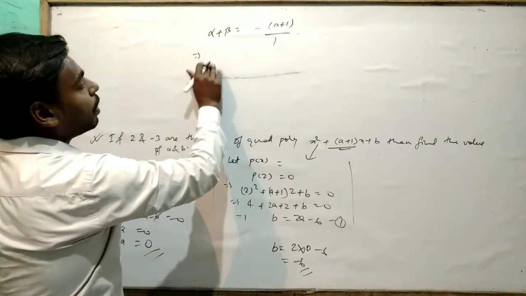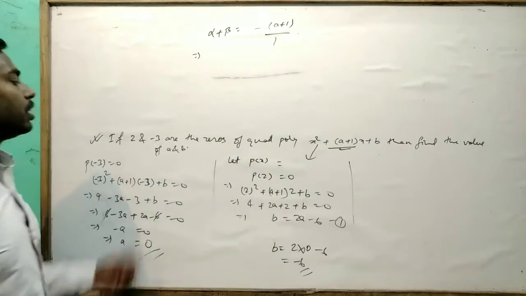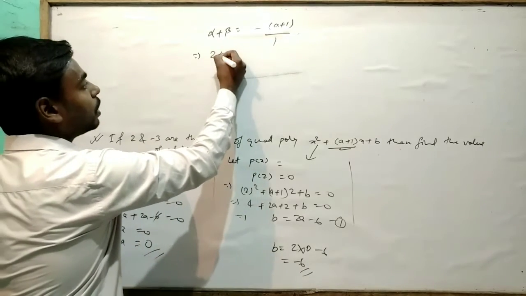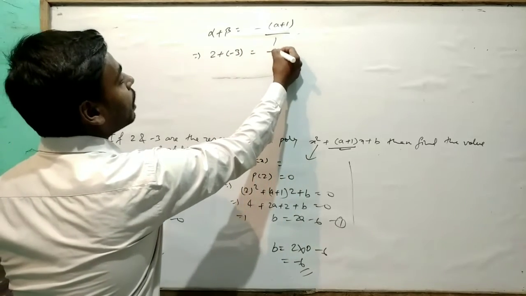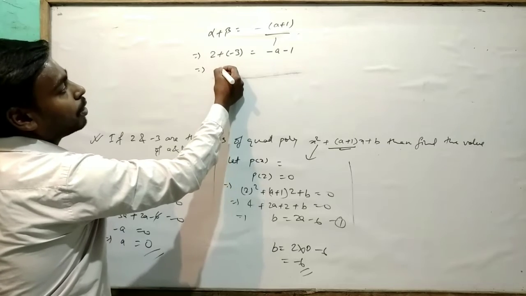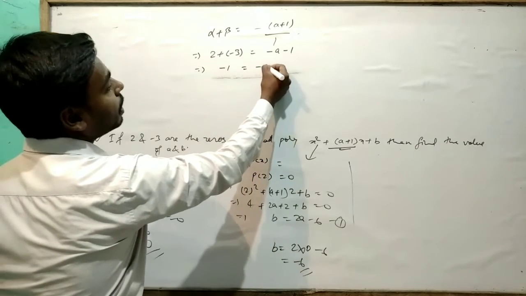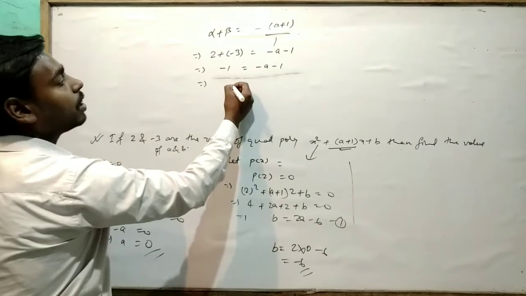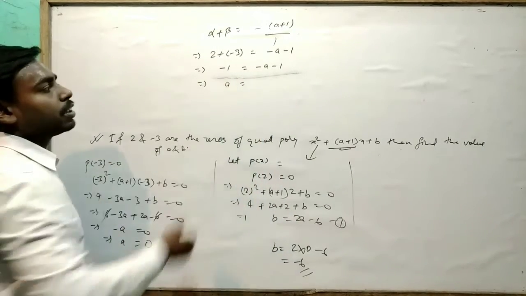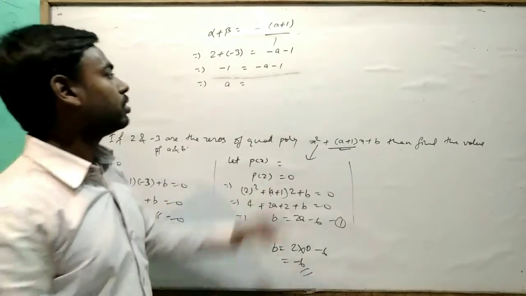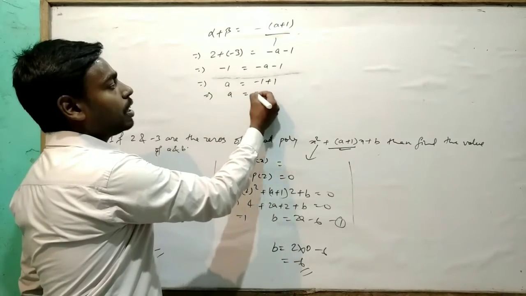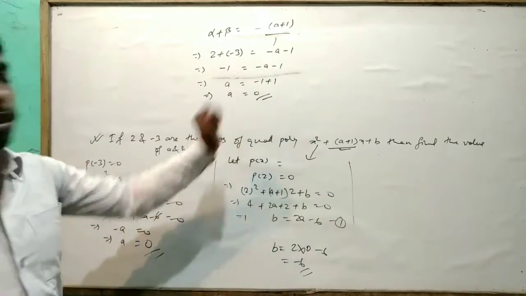Now alpha is 2 and beta is minus 3. Then 2 plus minus 3 is equal to minus (a plus 1) by 1, and this is minus 1 is equal to minus a minus 1. Then we transpose, and we get a is equal to 0.